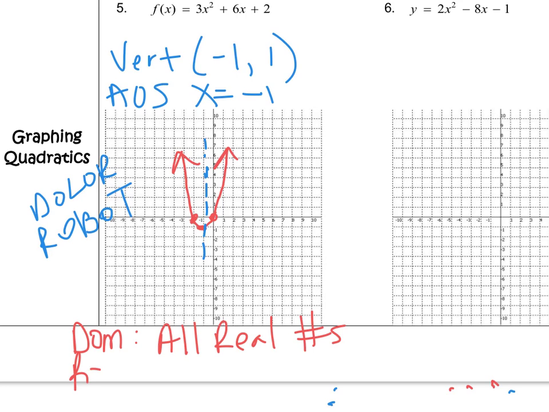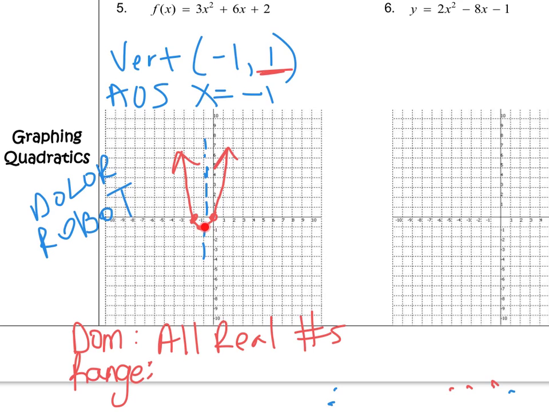So the only thing I really have to worry about is the range. And for the range, I'm going to use the y value of my vertex. So I'm going to put my pen on the vertex. And the question I have to ask myself is: is my graph above my vertex, or is my graph below my vertex?